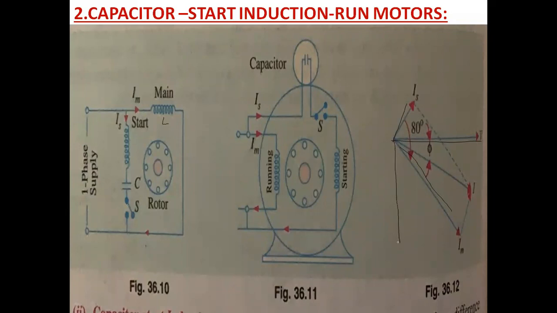Actually, pure inductive nature means it should be at 90 degrees to V, but it is not purely inductive nature, so it is lagging by somewhat angle phi to the voltage. Okay, and the resultant vector: adding both IM and IS you will get I. This is the resultant vector.